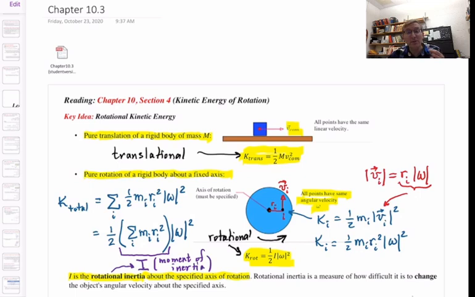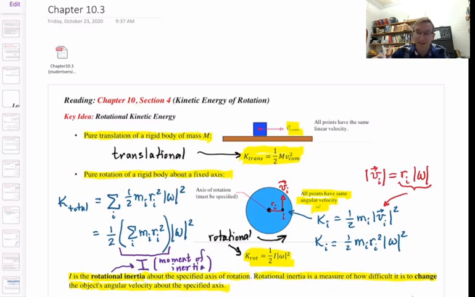I basically depends on two things: how much mass is there and how is it distributed relative to the axis of rotation. At the end of the day, you can think of rotational inertia as a measure of how difficult it is to change the object's angular velocity about the specified axis. After all, inertia, for linear motion, is a measure of how difficult it is to change a particle's linear velocity. Now we have the rotational analog of that. Rotational inertia is a measure of how difficult it is to change a rotating body's angular velocity.